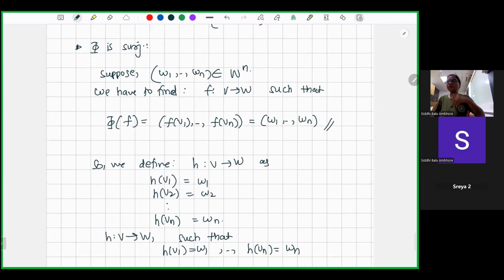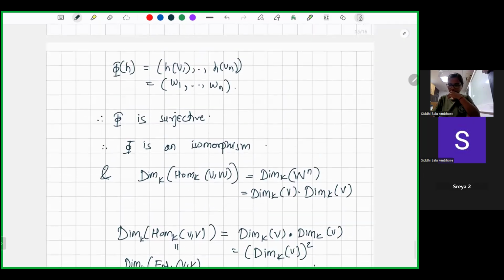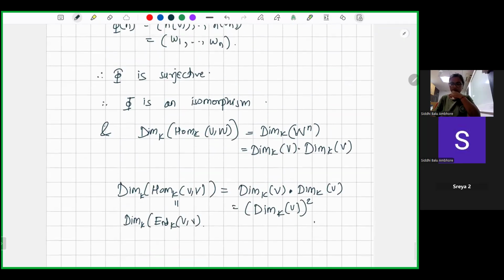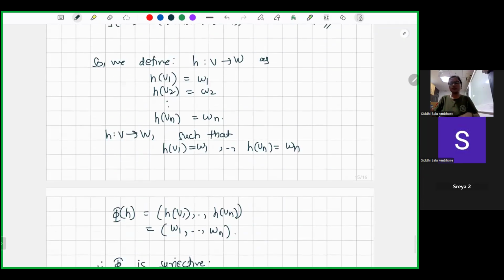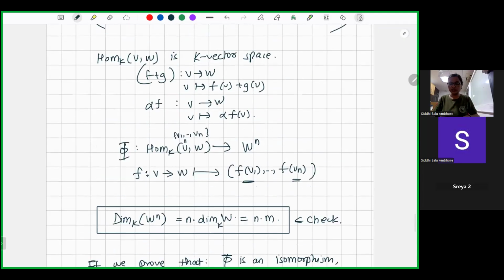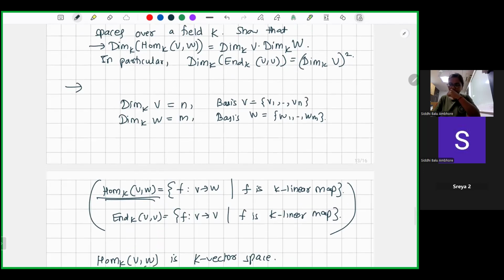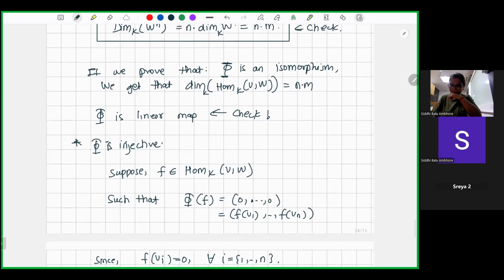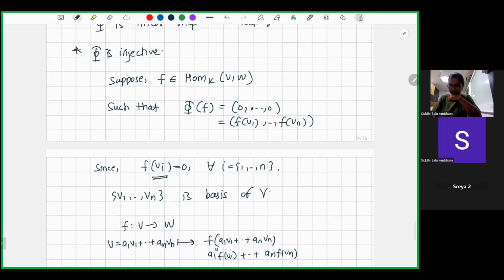Okay, so any doubts here? The only thing is to understand this. We define this phi from here to here. Where did we define it?